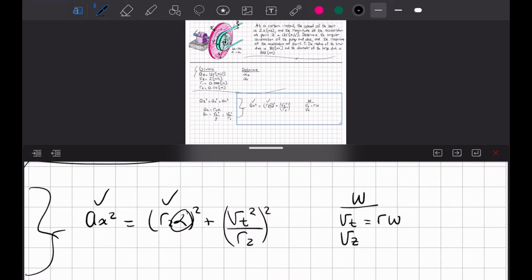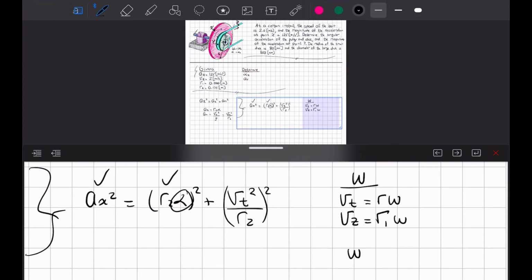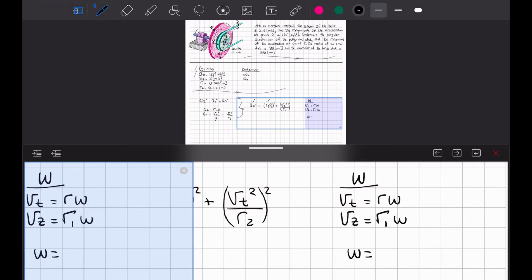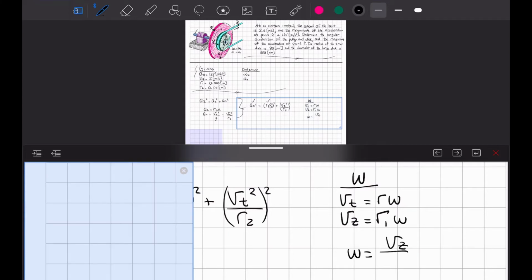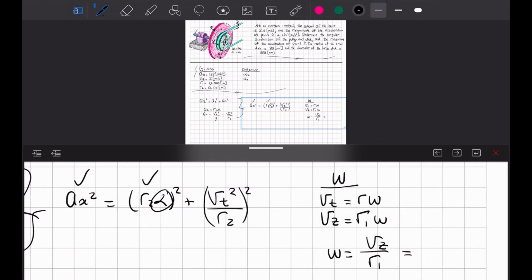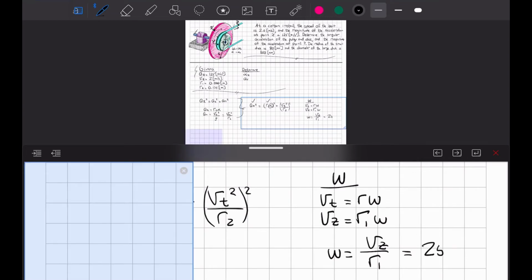So we know Vz, and then we are given the radius of the smaller pulley. So that's just going to be R1. And then we can just solve for W. So W, or the angular velocity, is just going to be Vz over R1. And if you plug that in, you'll see that that comes out to being 25 radians per second.